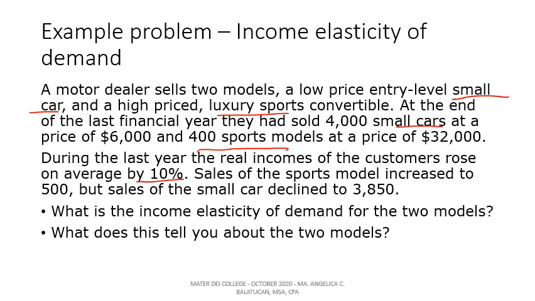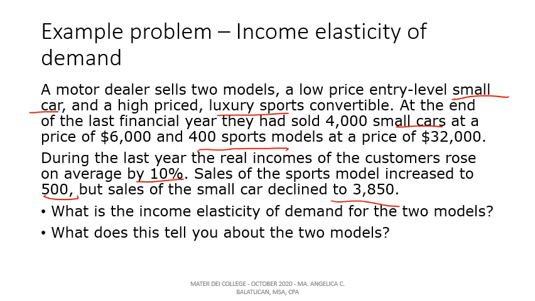So the sales of the sports car model increased to 500, but the sales of the small car declined to 3,850. So the questions are, what is the income elasticity of demand for the two models, and what does this tell you about the two models?